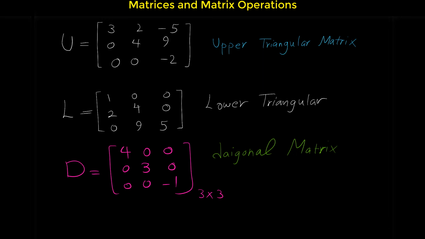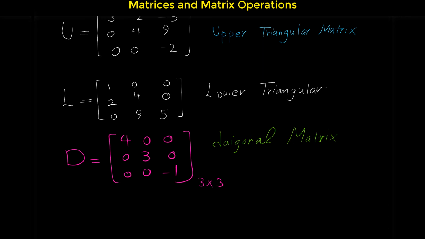Now let's see what the identity matrix is. The identity matrix is probably the most important matrix, and as you can guess, we show it with I. So whenever in linear algebra you see the capital letter I, probably they mean the identity matrix. The identity matrix is a diagonal matrix, so it's important that it is diagonal, which means that above the diagonal and below the diagonal we have only 0.